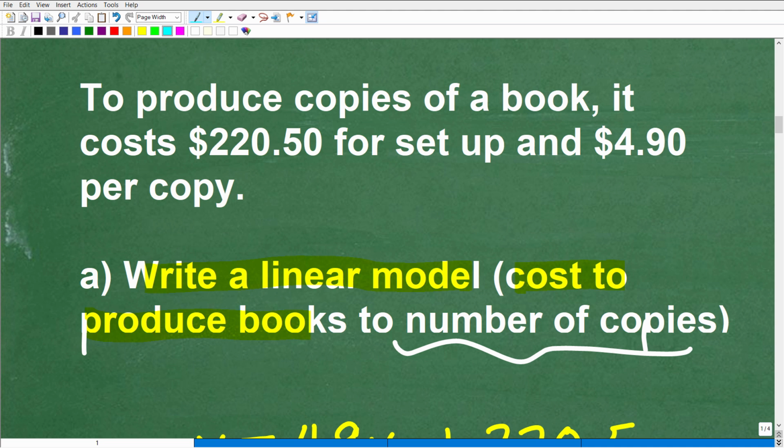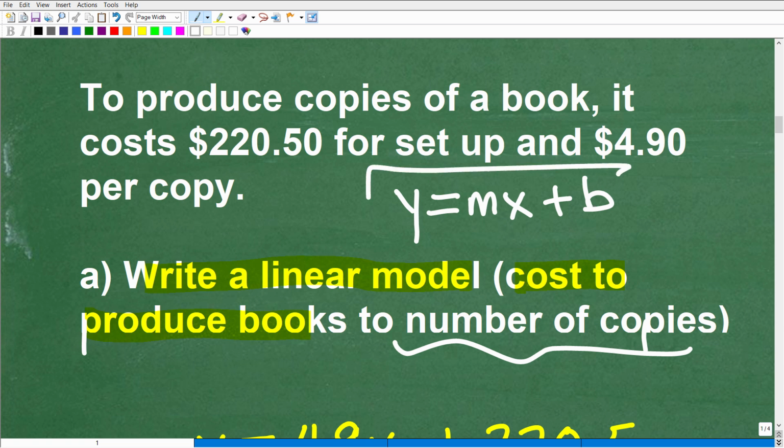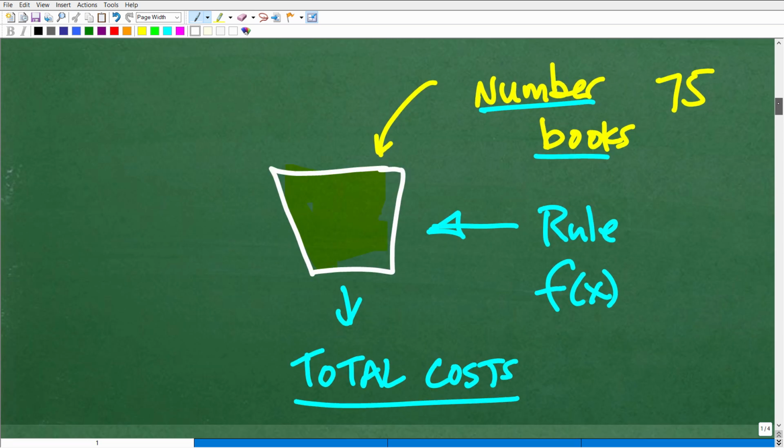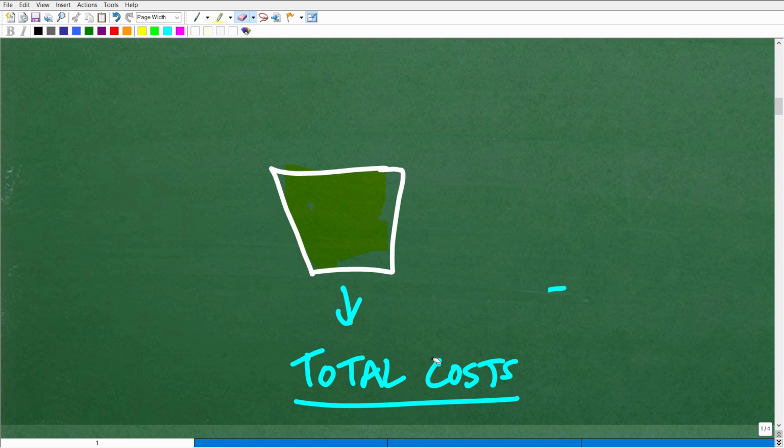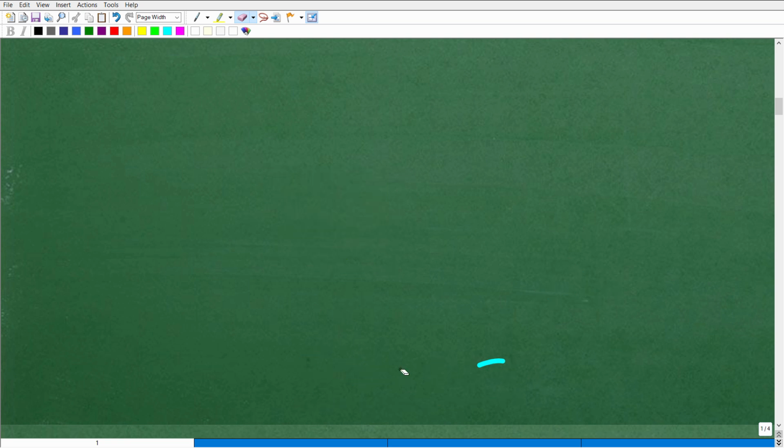As I indicated previously, you want to write linear models using y equals mx plus b, the slope-intercept form, because you could graph this. Let me go up here real quick and set this up for you because this is important. Let me erase all this.